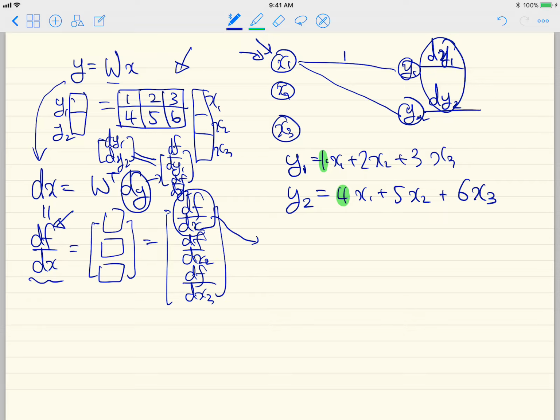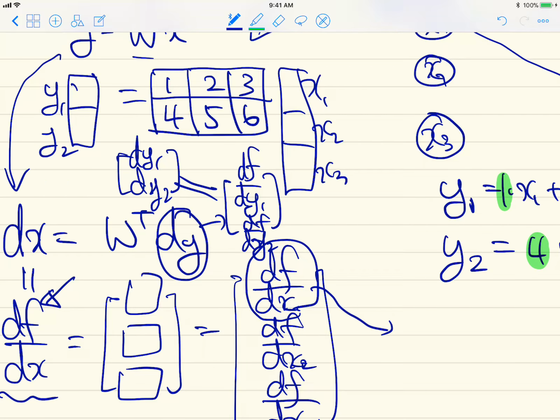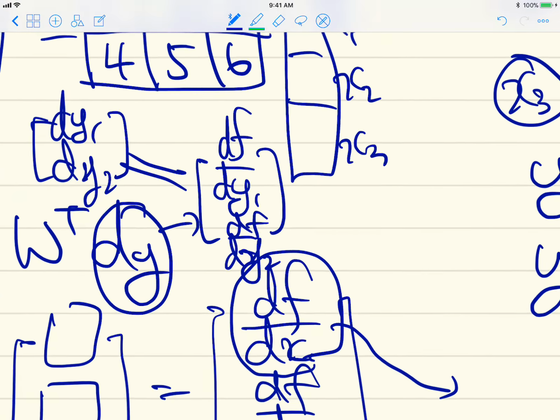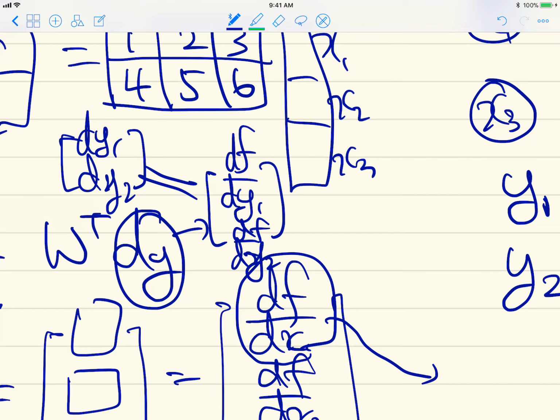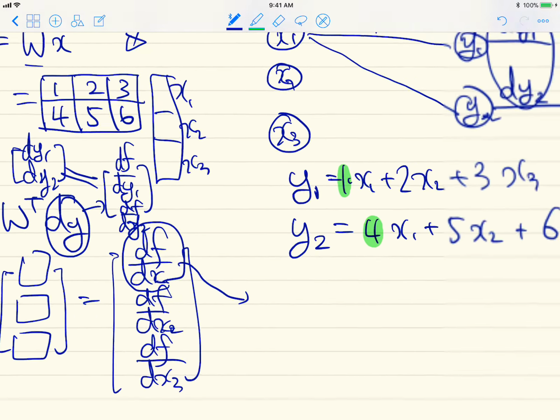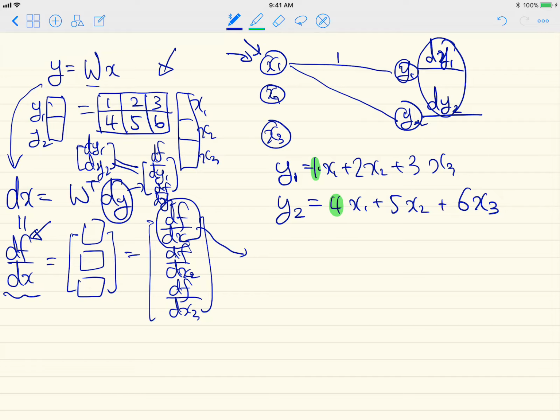Although my handwriting is a little bad, you get the idea, right? Suppose our gradient was 7 and 8, so that was our dy1 and dy2. When taking the partial derivative with respect to x1 for the first equation, the upper node, what is the gradient?